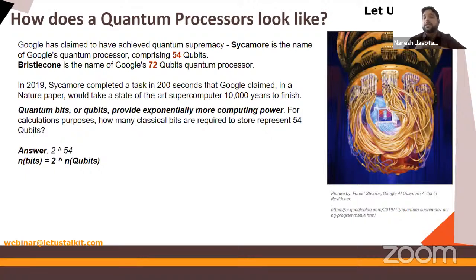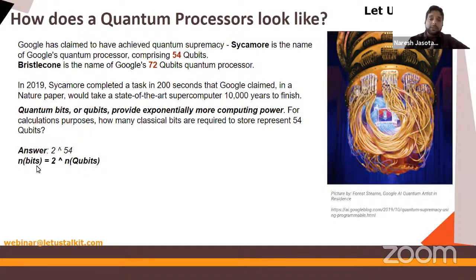Quantum bits provide exponentially more computing power for any computer running on quantum. 54 qubits is equivalent to 2 raised to 54 classical bits.